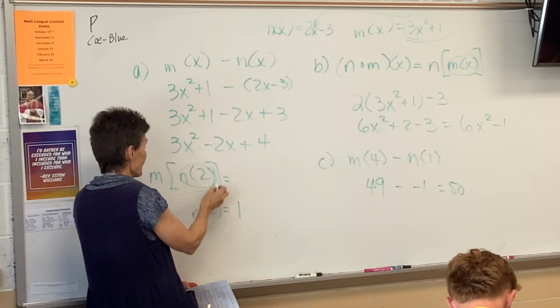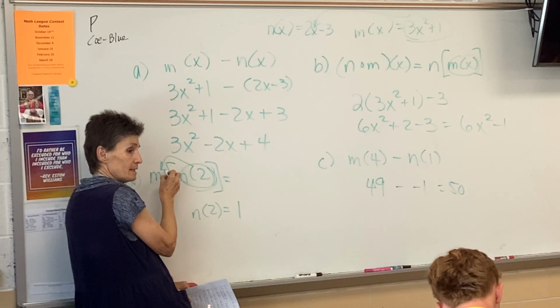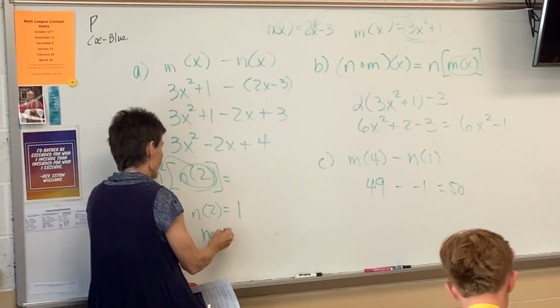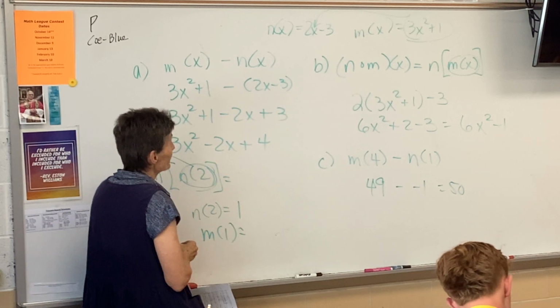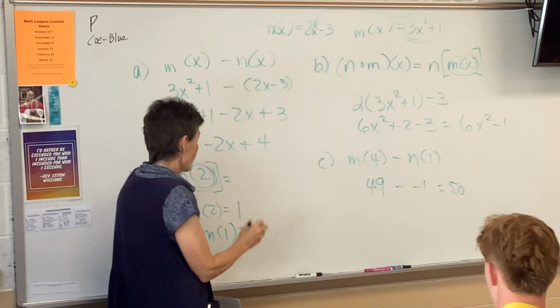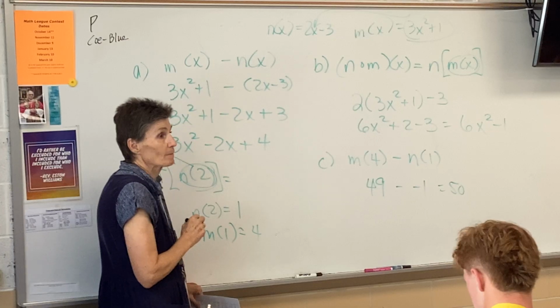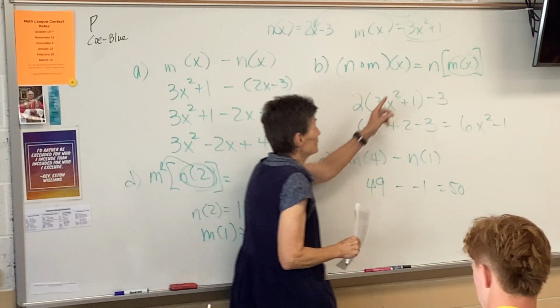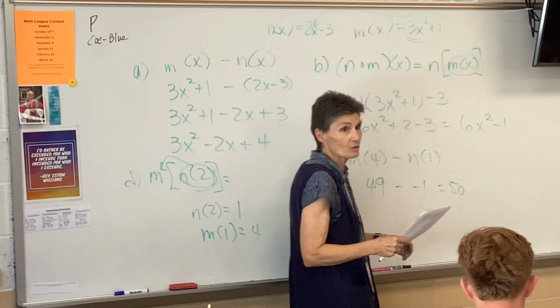And then I take that 1 and plug it into m. So m of 1. And again, PEMDAS. 4. Make sure you're getting 4. You're doing your order of operations correctly.